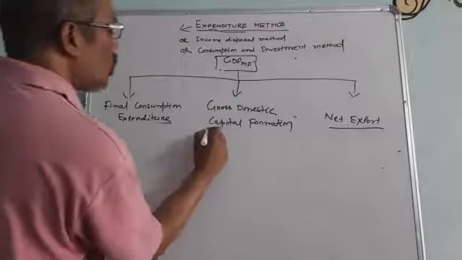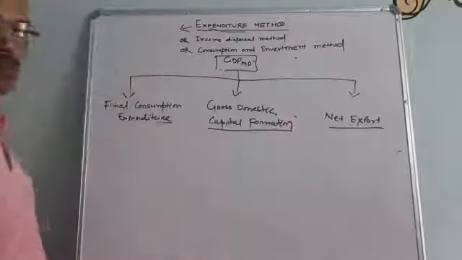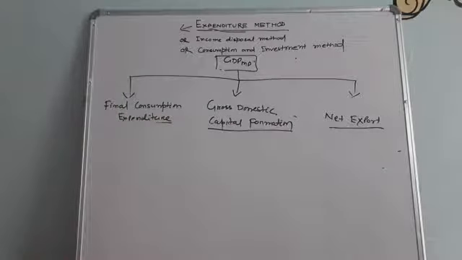Next is gross domestic capital formation. What do you mean by gross domestic capital formation? It includes the expenditure on the purchase of final goods and services by the producers.